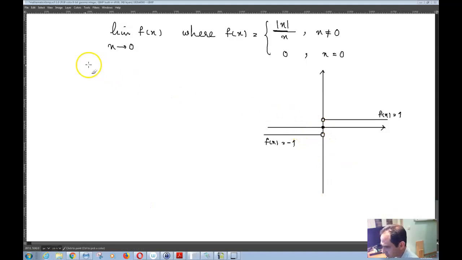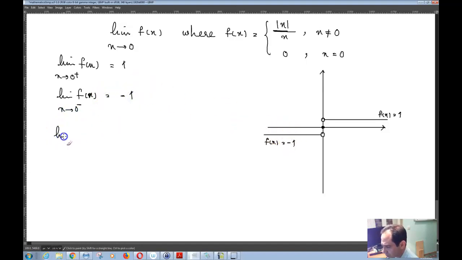So you see that exactly around x is equal to 0, the function is giving you two different outputs, meaning that the limit of f of x when x tends to 0 from the right is equal to 1, and the limit of f of x when x tends to 0 from the left is equal to -1.